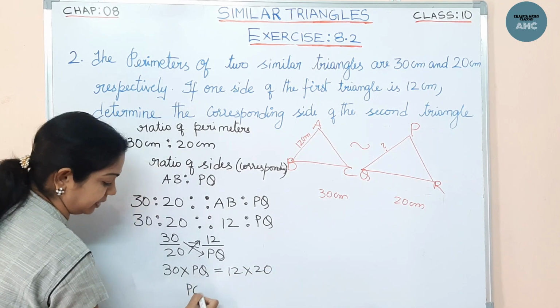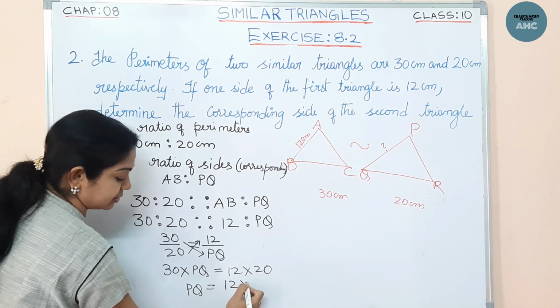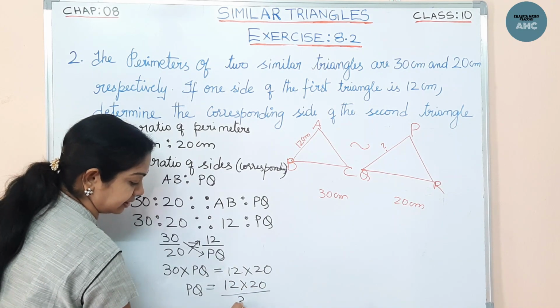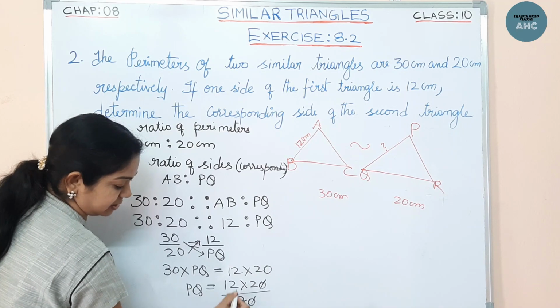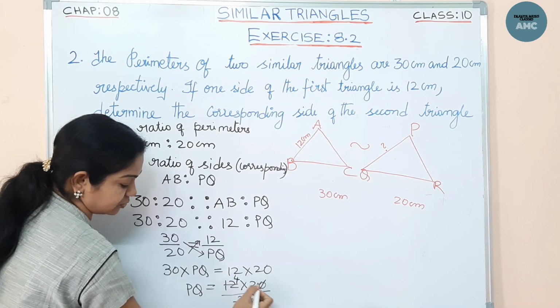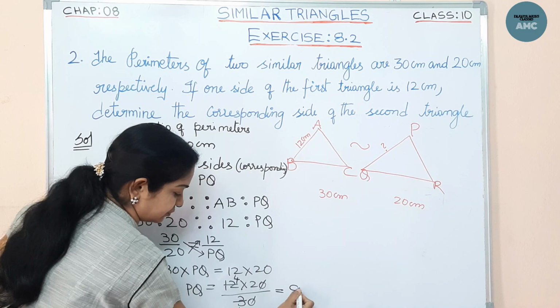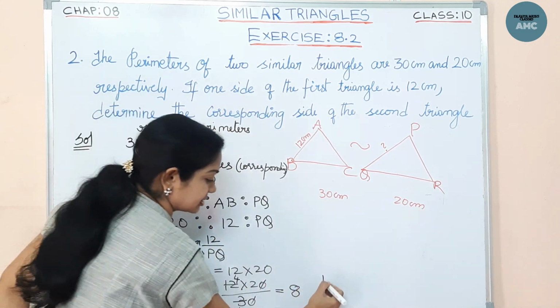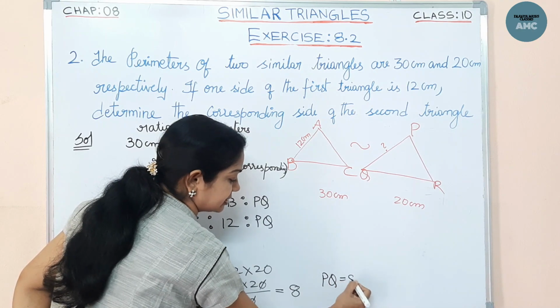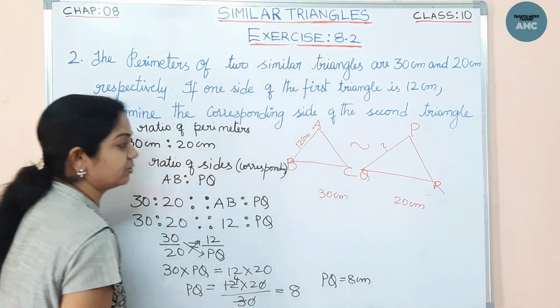So PQ is equal to 12 into 20 by 30. You can cancel off the 0. 3 ones are 3, 3 fours are 12, so 4 twos are 8. 8 is left over. That is the PQ value. The corresponding value is 8 centimeters. Right, 8 centimeters. Quickly pause the video and note it down.